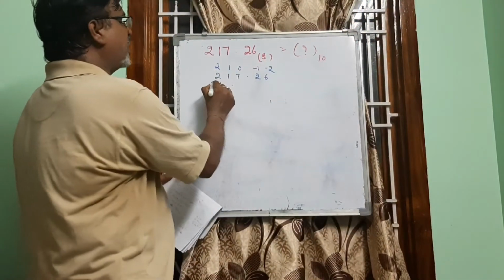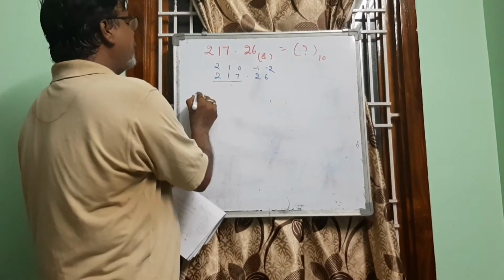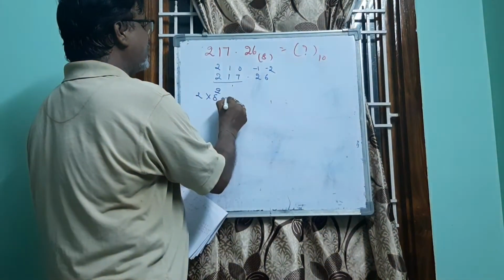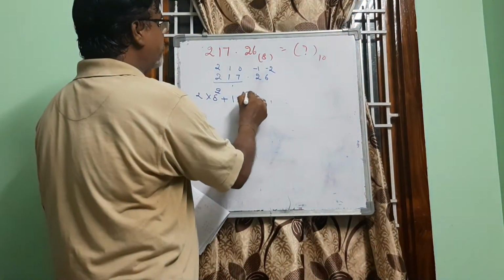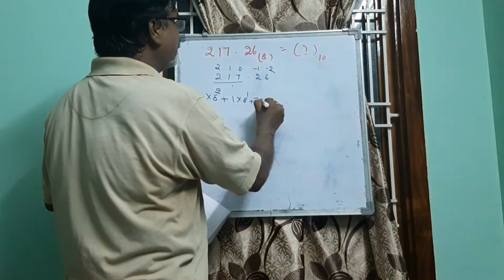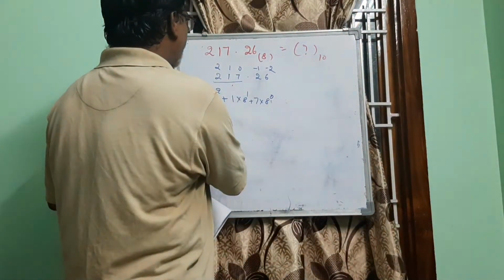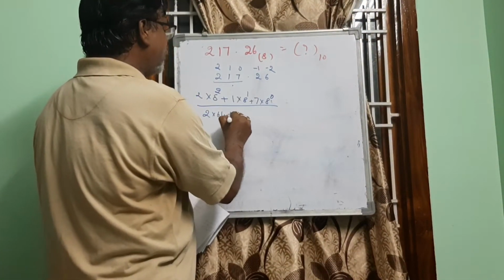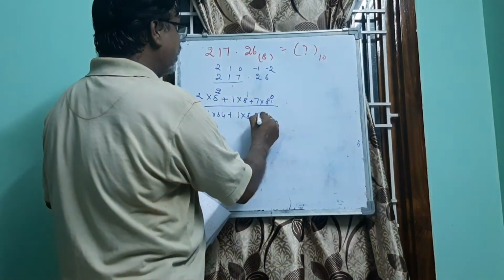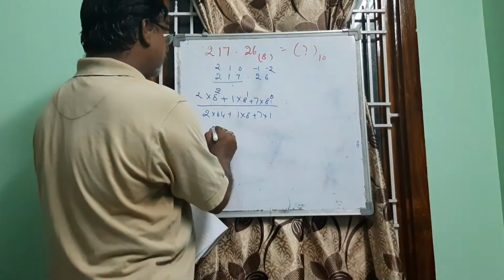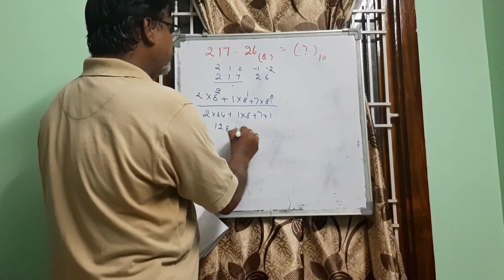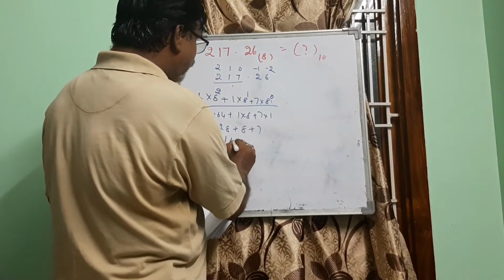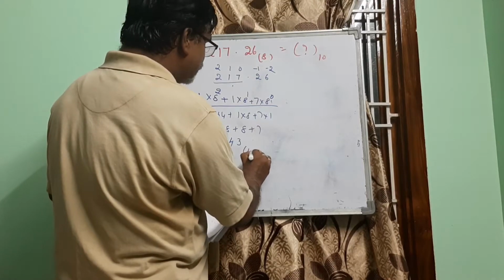First we consider this: 2 into 8 square plus 1 into 8 power 1 plus 7 into 8 power 0. So 2 into 64 plus 1 into 8 plus 7 into 1. So it is 128 plus 8 plus 7, which is equal to 143 base 10.